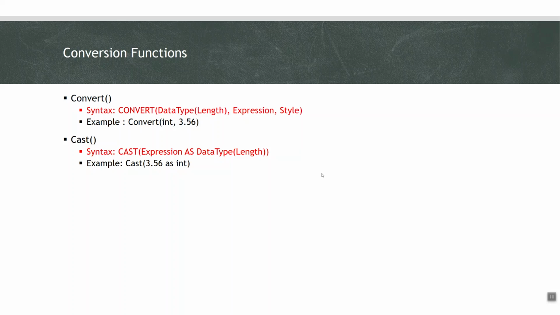The length is optional, mainly used for resulting character, varchar or binary types. So this is just an overview of the cast and convert theory. Let's go to the practical and see how this can be achieved.